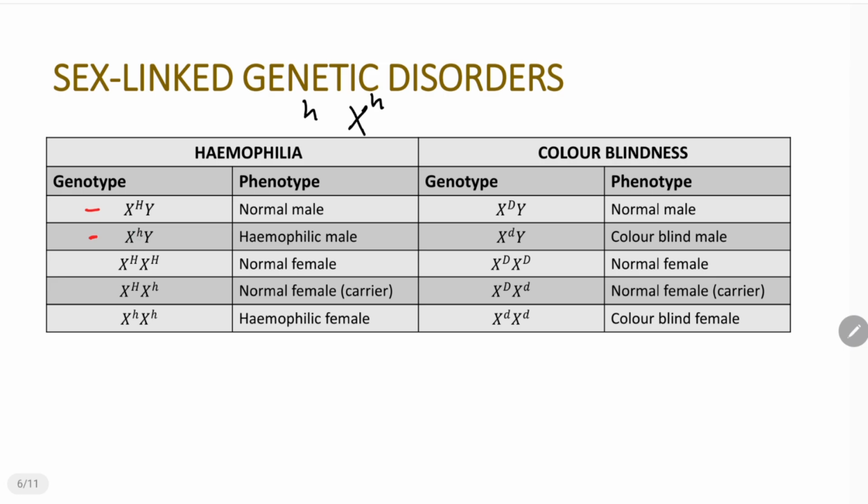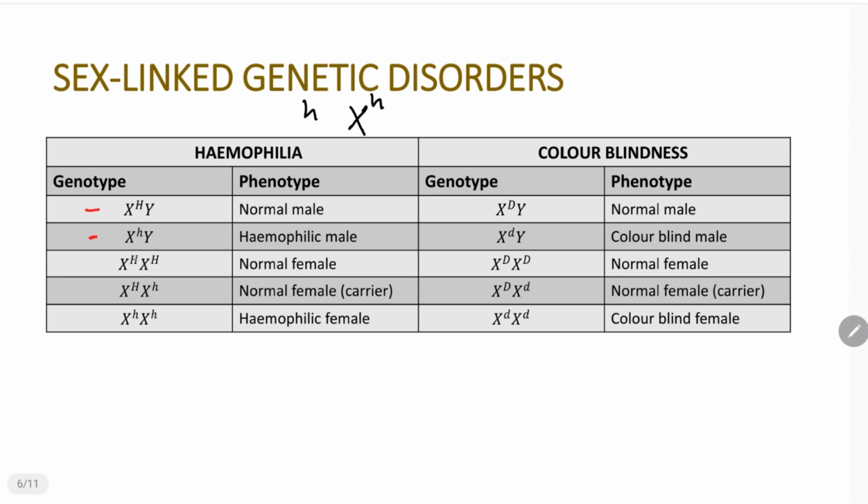Simply because we know that hemophilia is caused by a recessive allele small letter h, and this male has got the recessive allele small letter h without any capital letter H, simply because the Y chromosome does not carry any alleles. So if this male only has one recessive allele, this male is going to suffer from hemophilia automatically, right? So with males, you only need one recessive allele in order to suffer from hemophilia, right?